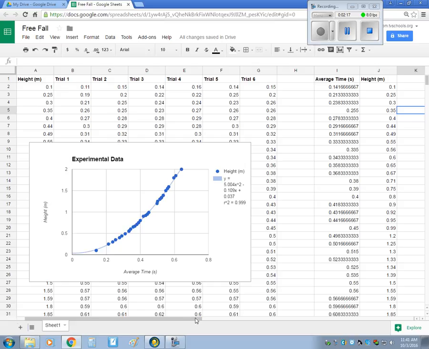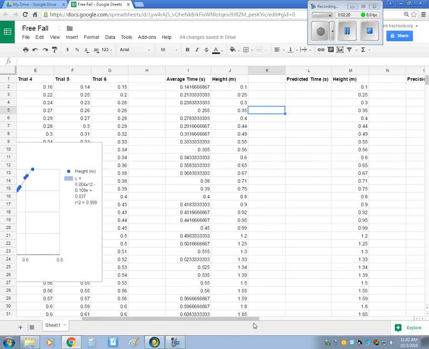The next thing I'd like to do is compare that against a predicted height, or predicted times. Well, when something falls, remember that the time it takes to fall is the square root of twice the distance over the acceleration due to gravity. So I'm going to put in a formula, so I'm going to hit the equal sign. In parentheses, I'm going to have twice, 2 times the height. Then I'm going to divide that by the acceleration due to gravity, 9.81.